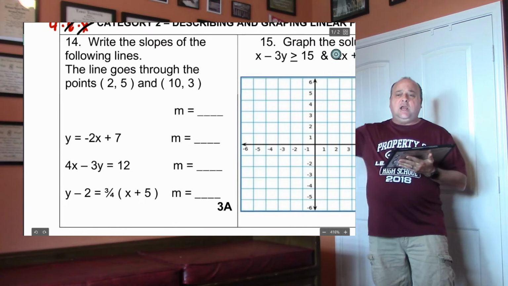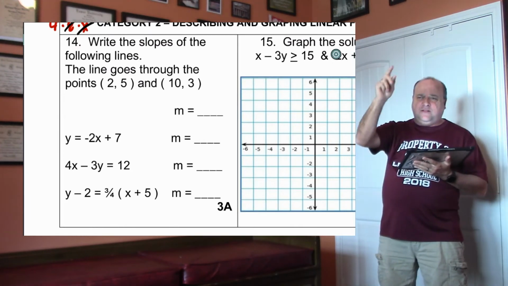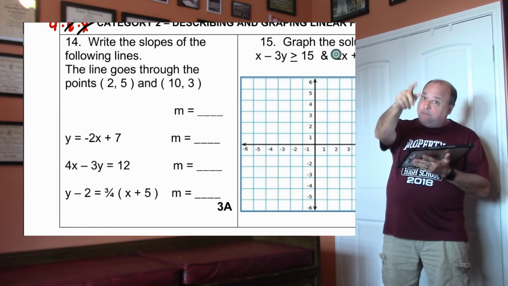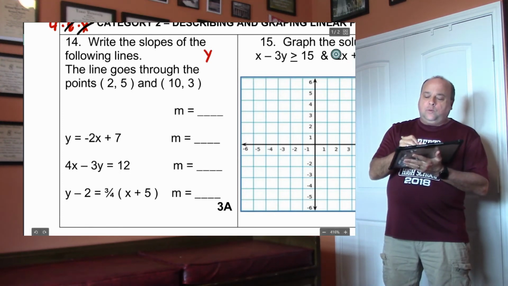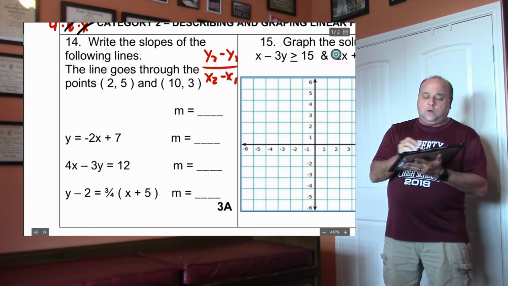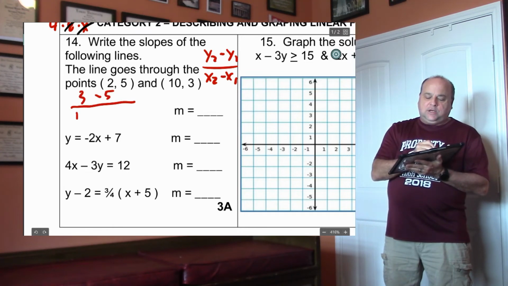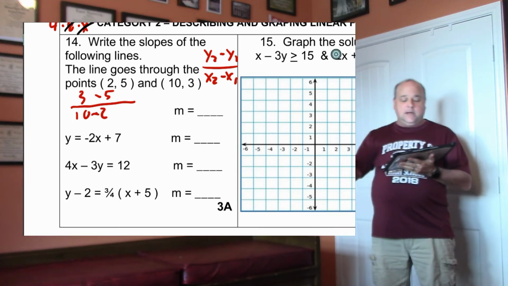Let's go to number 14. We're finding the slope here. Huge concept. You will have to find the slope on your STAR test, so make sure you get its constant rate of change. So right here, remember your slope is y2 minus y1 over x2 minus x1. So I'm going to draw a fraction bar. 3 minus 5 over 10 minus 2. If you punch this in the calculator, you will not miss it.